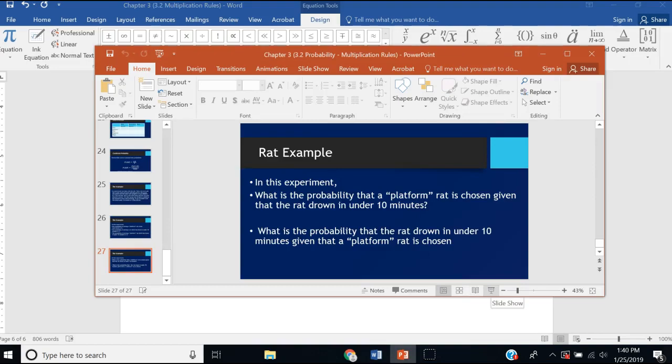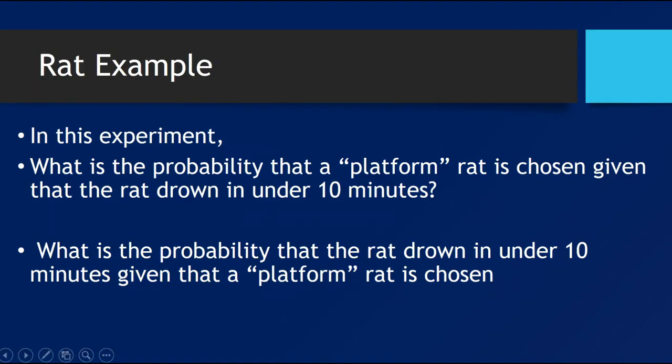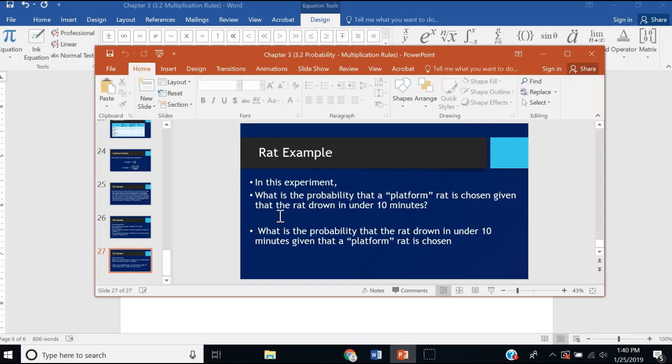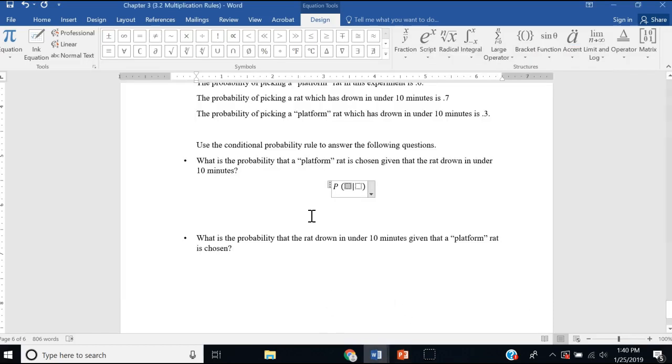All right, so hopefully you've done that. The first question says, what is the probability that a platform rat is chosen given that the rat has drowned in under 10 minutes? So let me figure out this probability.